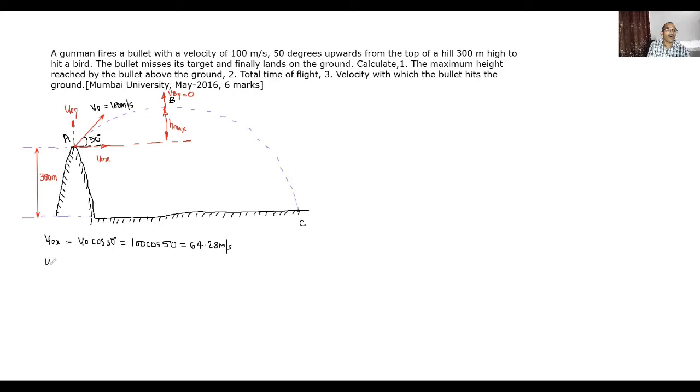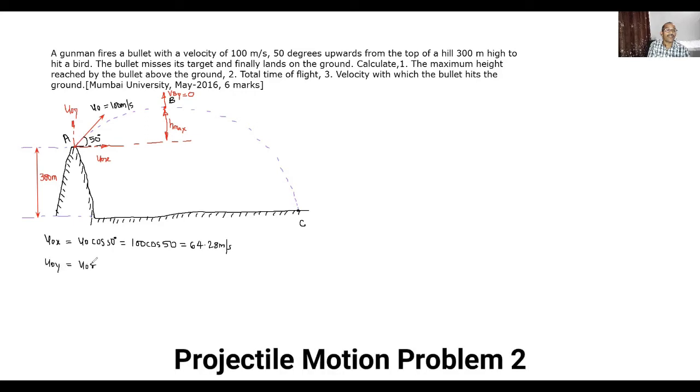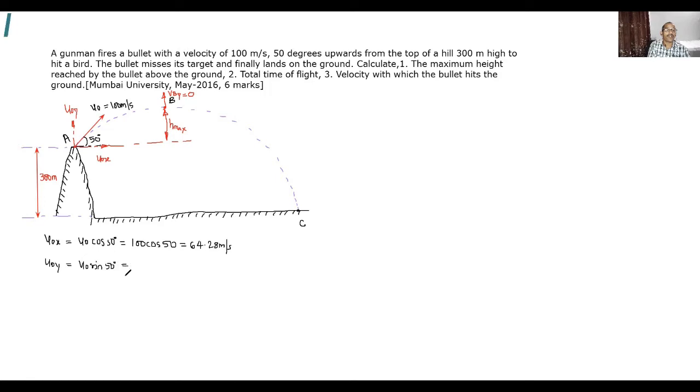And u0y is u0 sine of this angle theta 0, that is 50, so 100 sine of 50. What we'll get here, the vertical component of velocity, comes out to be 76.6 meters per second.